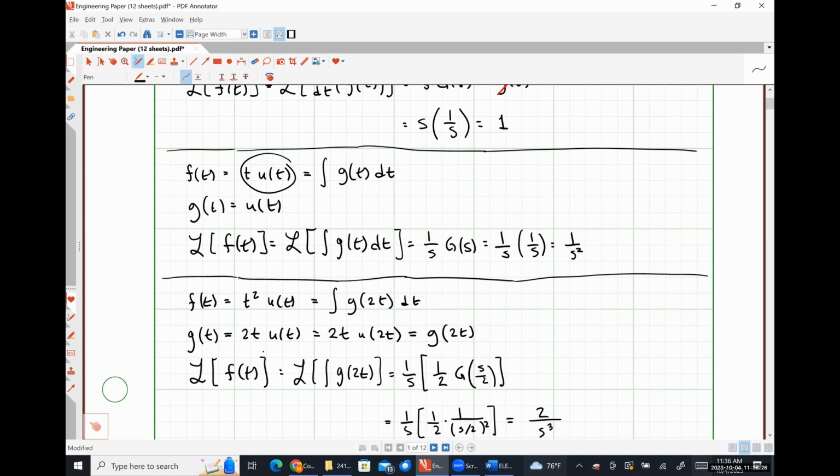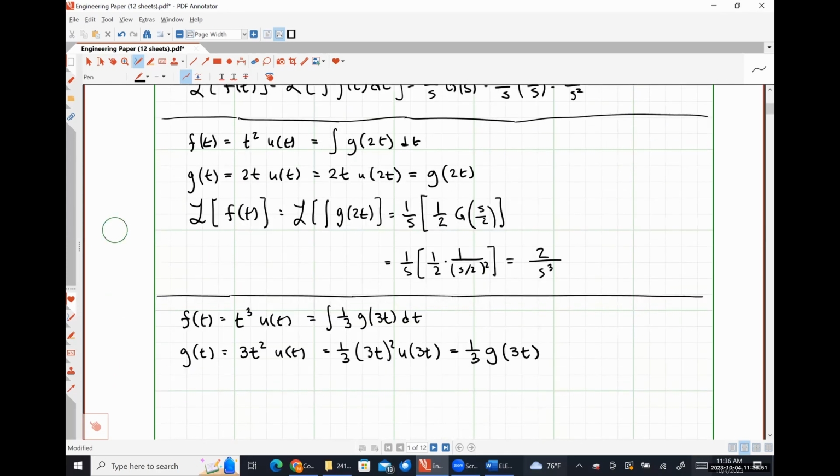And it doesn't matter what g of t is, just in this particular case, it happened to be u of t. Applying the time integration property of the Laplace transform, we are going to get 1/s times whatever the Laplace transform of this is, which is a known quantity that happens to be 1/s. That's the process that I'm doing.